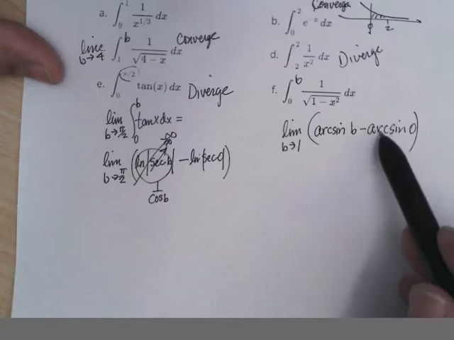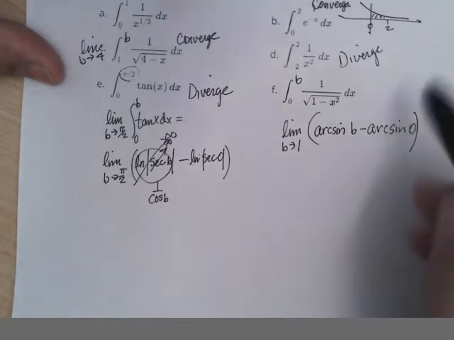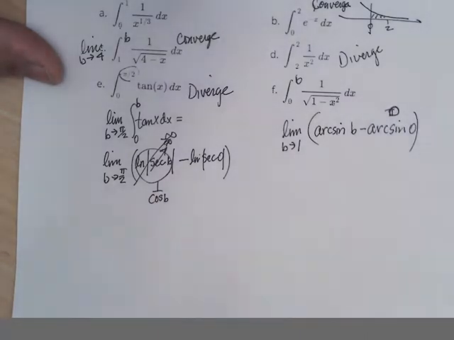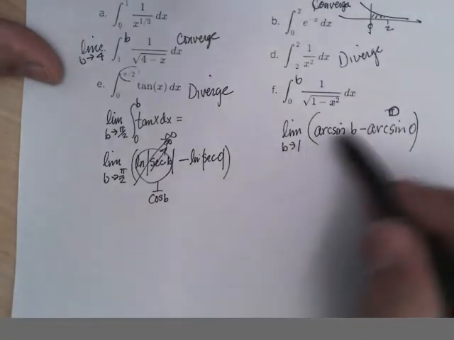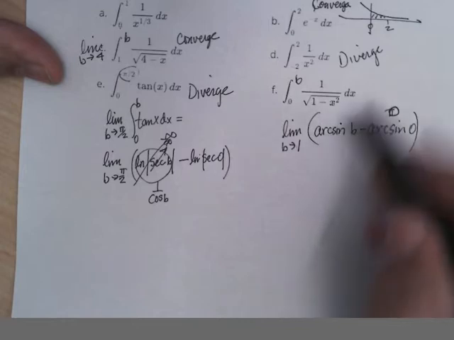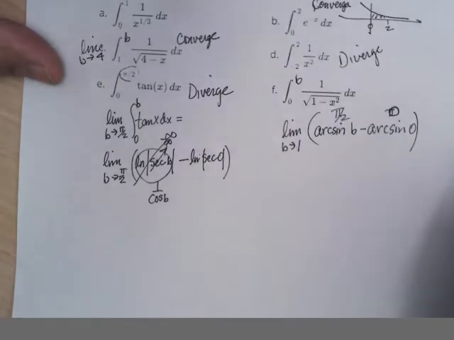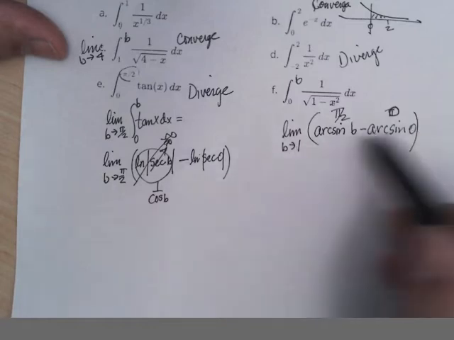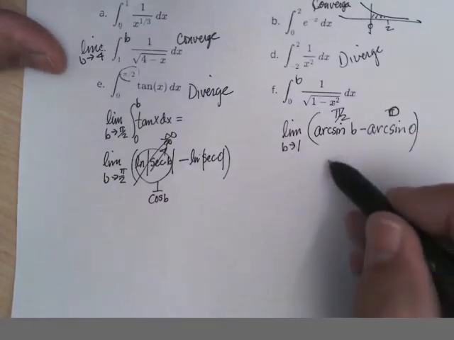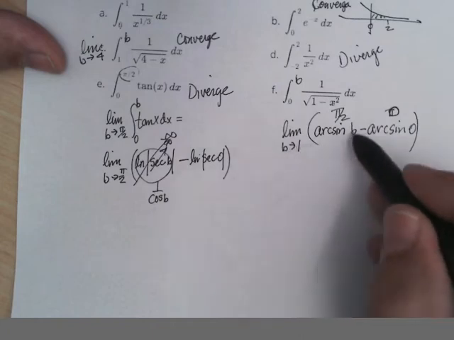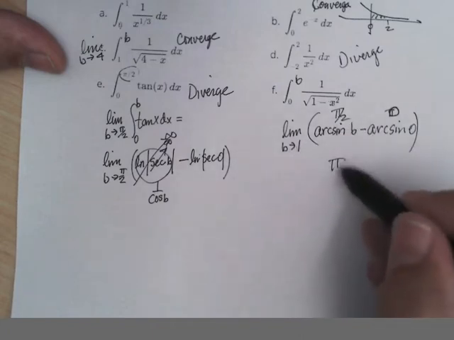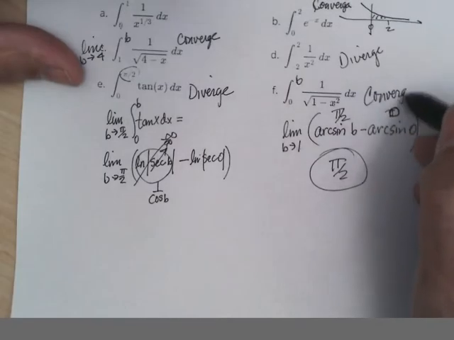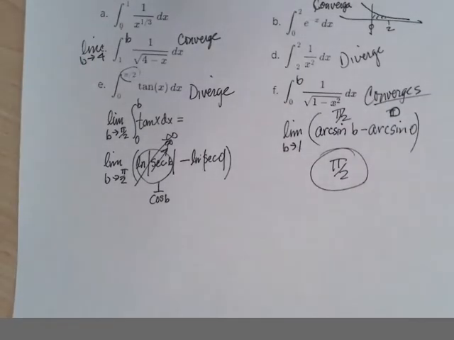And for what angle is the sine 0? This would be 0. And for what angle is it 1? Sine is 1 at pi over 2. And so this comes out to be, as b goes to 1, we can do arc sine of 1, it's pi over 2. This is just pi over 2. So this one converges. Okay.